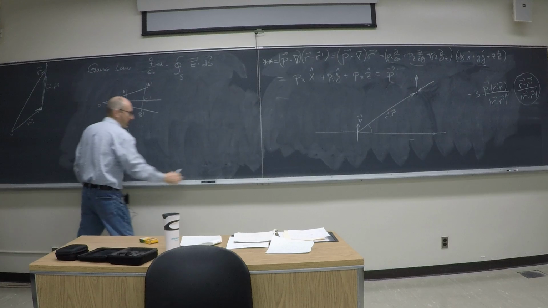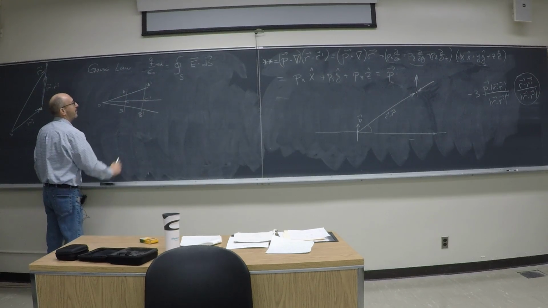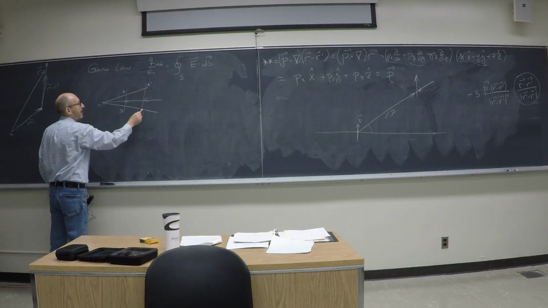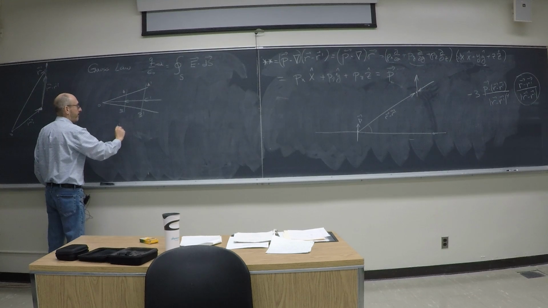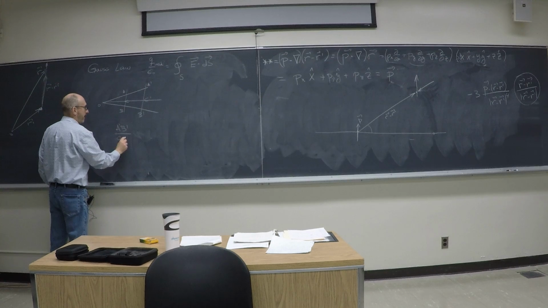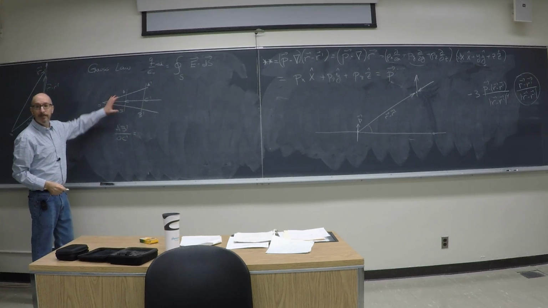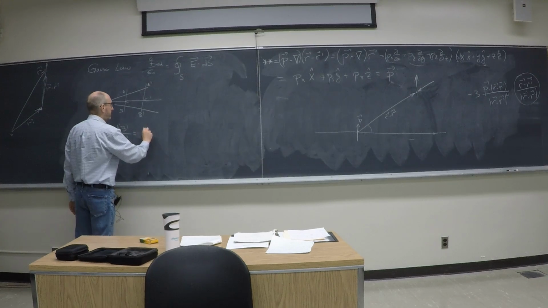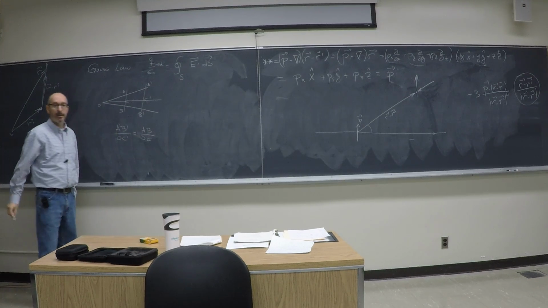So for example, the distance from A prime to B prime divided by the distance from O to C prime is equal to the distance from A to B divided by the distance from O to C. That's another one that I can write.